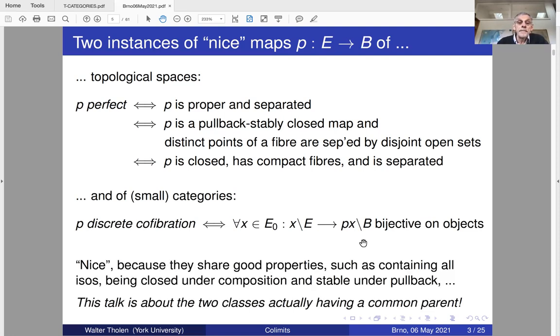And these maps are nice because they have good properties. Only the very first are listed here. But as I said, I want to use them to motivate Burroni's environment.